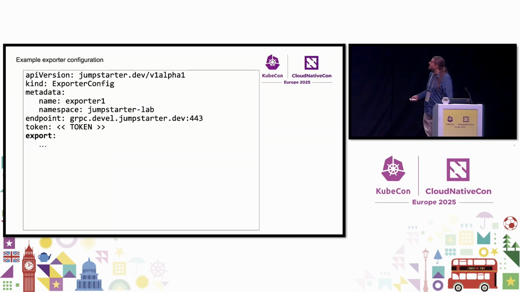And this is how an exporter configuration looks like. This is the first part, which is defining the endpoint token and the name and namespace where this exporter is available on the cluster. And then we have this export part.